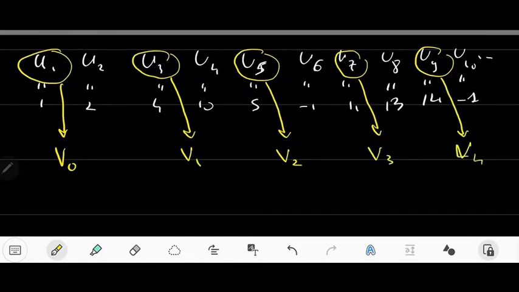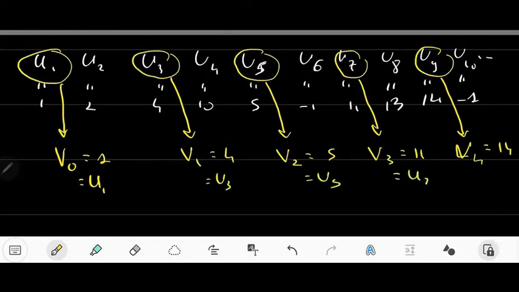So I'm defining a new sequence. V0 of course is equal to 1, V1 is equal to 4, V2 is 5, V3 is 11, and V4 is 14. So V0 is equal to U1, V1 is equal to U3, V2 is equal to U5, V3 is equal to U7, and V4 is equal to U9.